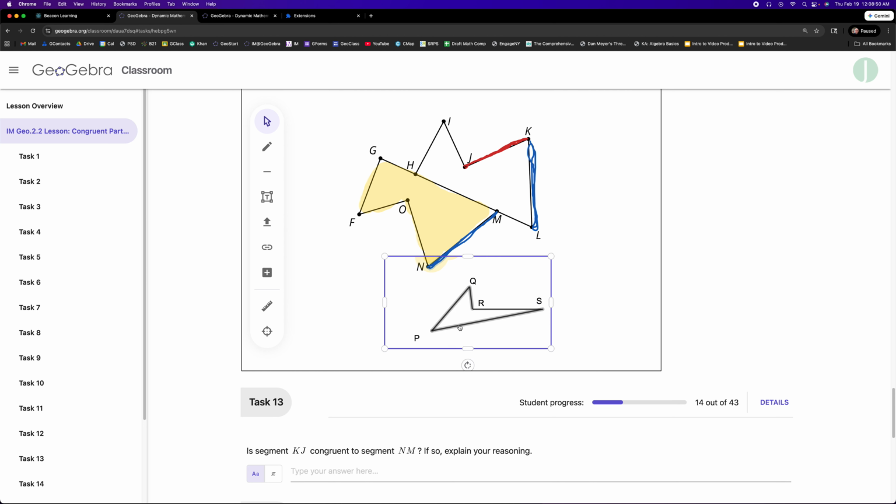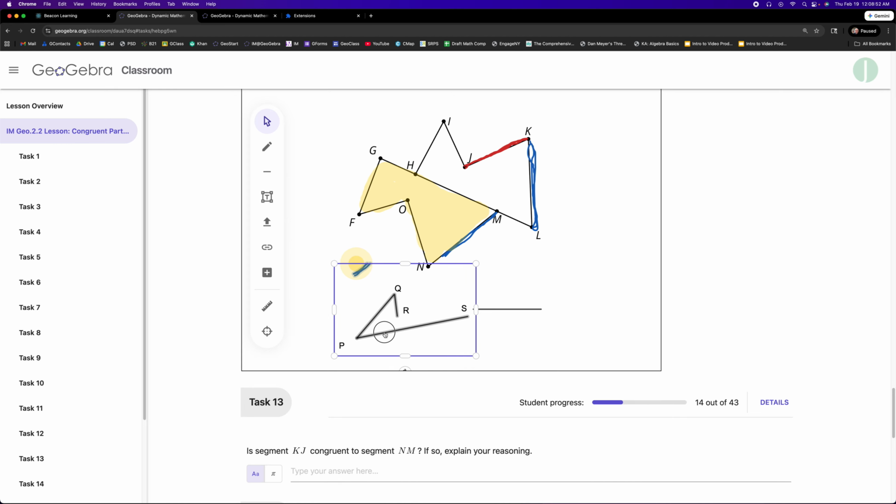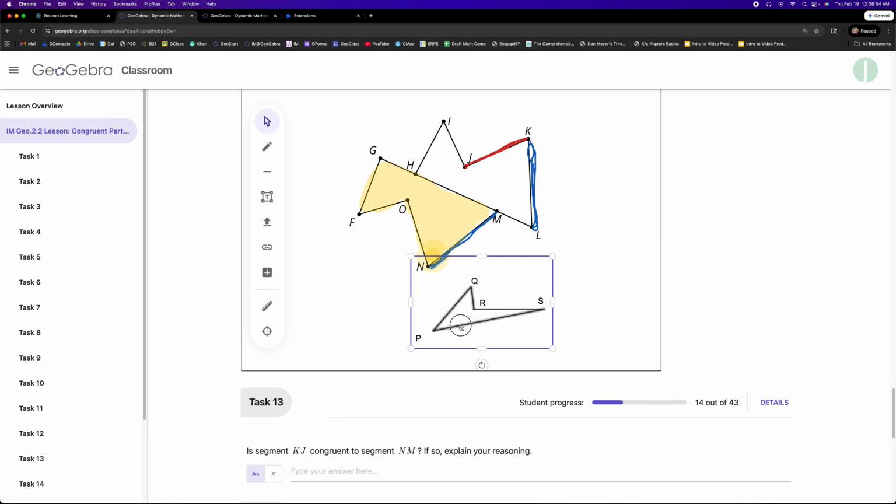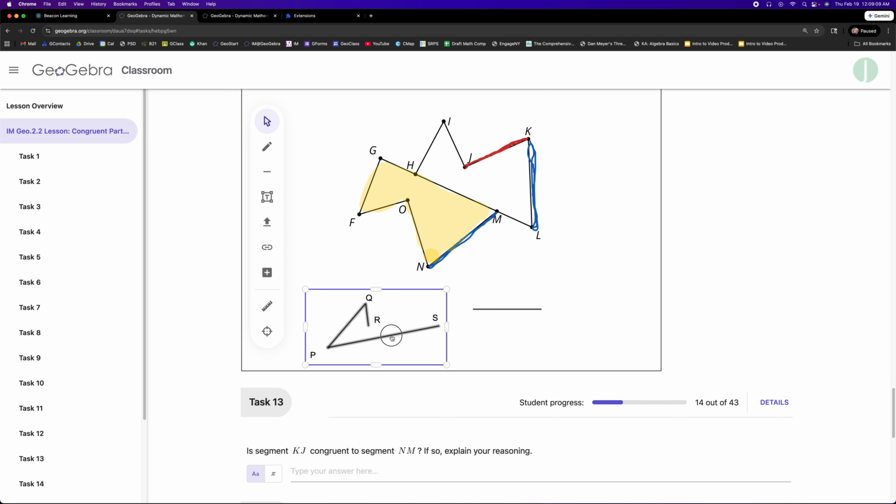There we go. Oh boy, it really doesn't want me to take that other line segment. I don't know why. Yep, doesn't want me to take it. I'll have to move it over separately.